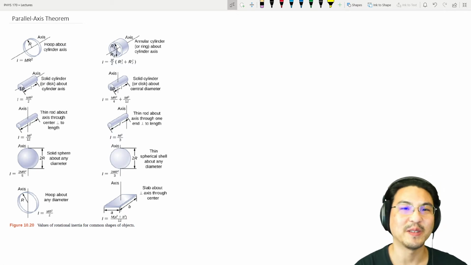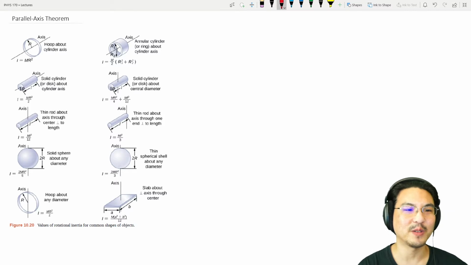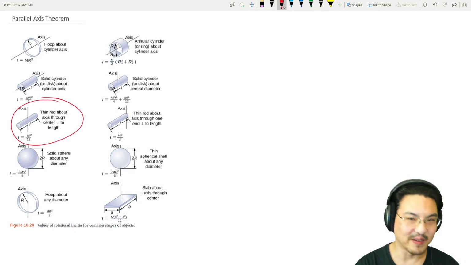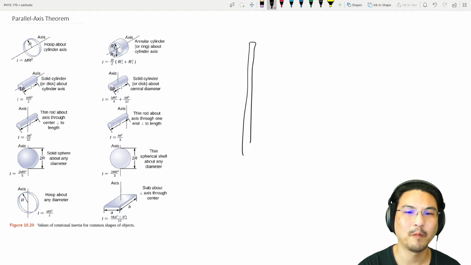Everybody. So this is a super important topic relating to the moment of inertia. If you're given some shape, let's pick one of these, here, a thin rod, like a stick.